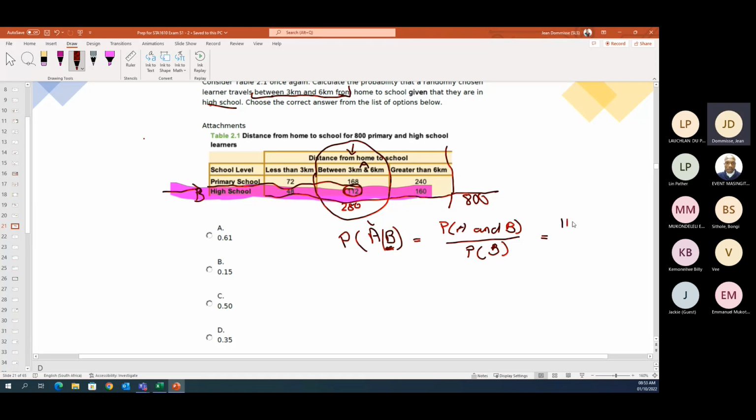So we could just say 112, or the other way is to say 112 divided by 800, so that we get the probability of it. Then we need to say what's the probability of B, that is high school. So we also need to add up: that is 112, that's 160, it feels like 320.